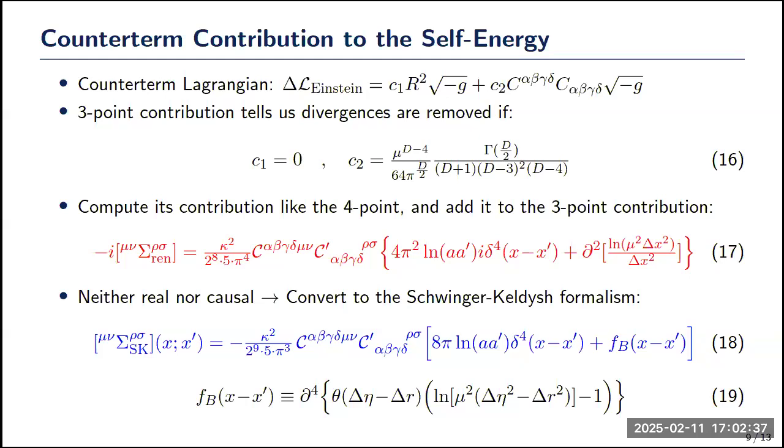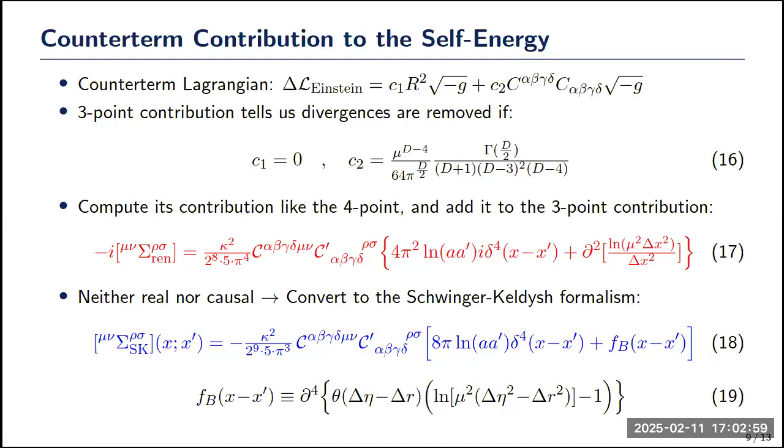Okay, a lot of work to get there, but we got it, and it seems like, naively, that we can start doing effective field theory with it. But you may notice two problems with this: this renormalized self-energy is not real and it's not causal. Since we're doing effective field theory, we want to be able to do causal and real-valued physics on real-valued spacetime.